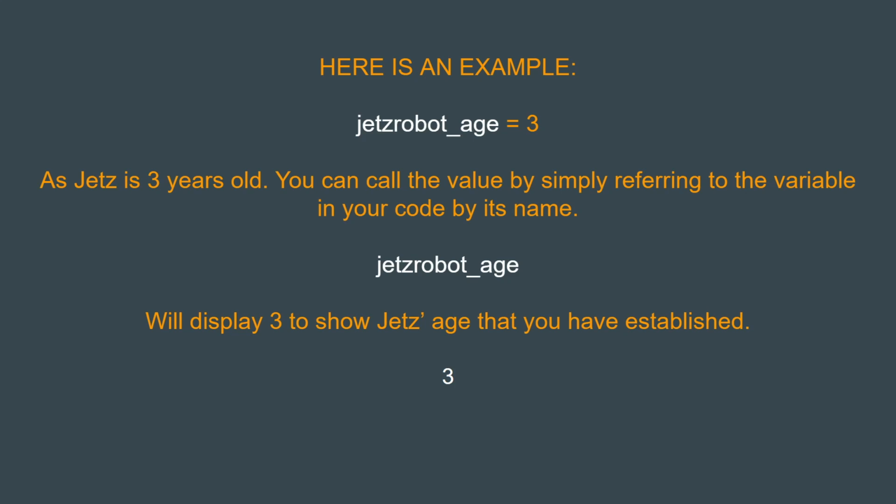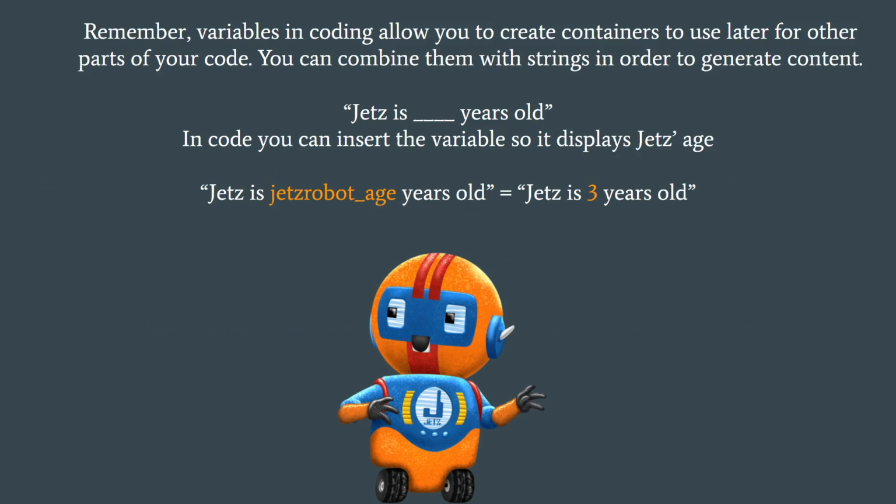And we say Jets_robot_age. After having declared it, it will then read us back when we run the code. Instead of saying Jets_robot_age again, it will now give us 3. So now you have the 3 years old is what Jets_robot_age was basically taking the place of. So you've established that as the variable value.